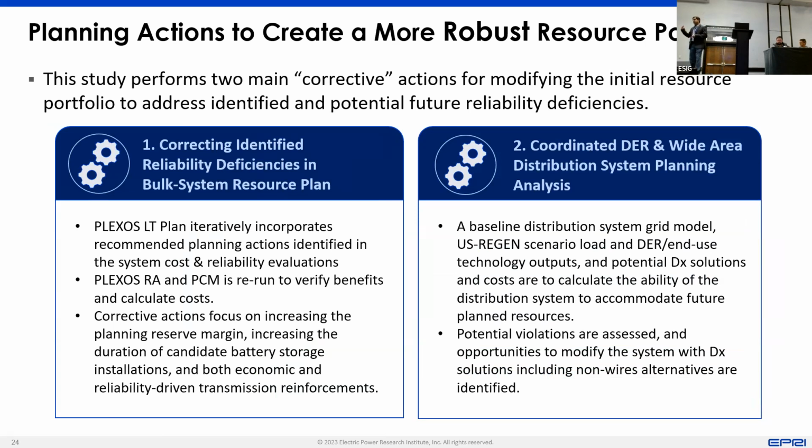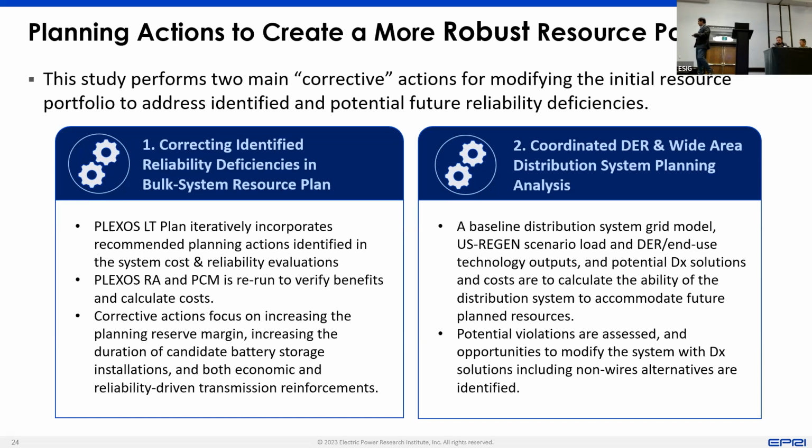When we ran the PCM analysis, we found that there were transmission lines that were thermally constrained, so we reinforced the system. We used PSSC to look at voltage violations as well, so we looked from the reliability perspective. So all that feedback was passed to the expansion plan, and the expansion plan was modified.